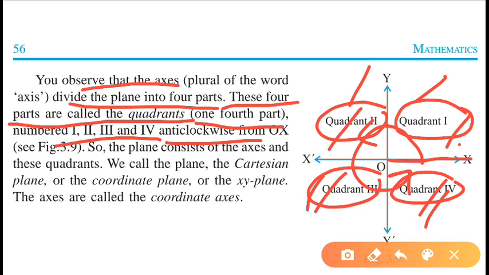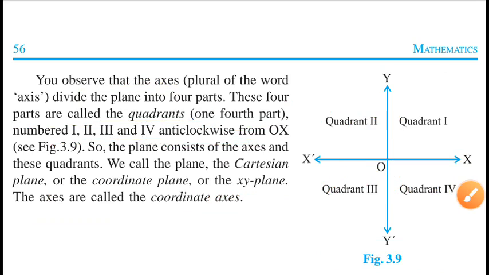Clear? So we call the plane the Cartesian plane, or the coordinate plane, or the xy plane. They are the same thing. The axes are called coordinate axes. So the xy axes are called the coordinate axes, or you can call it the xy plane, coordinate plane, or Cartesian plane.